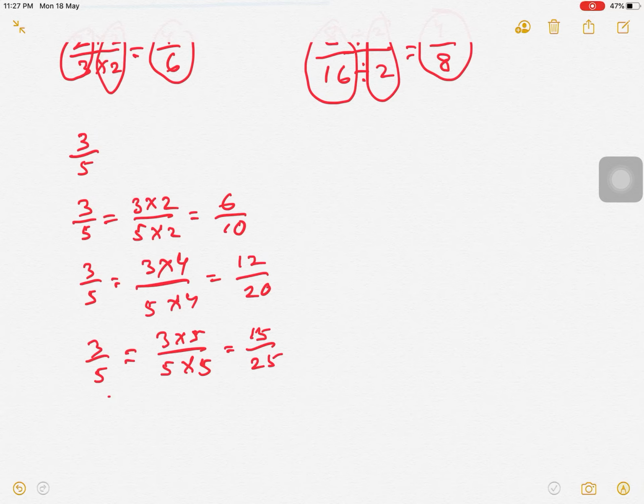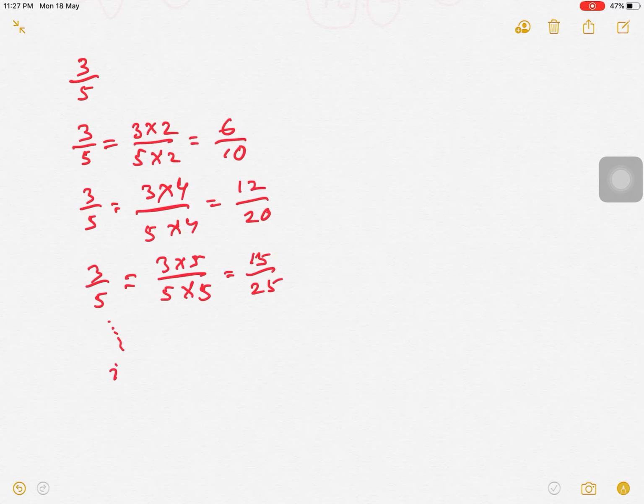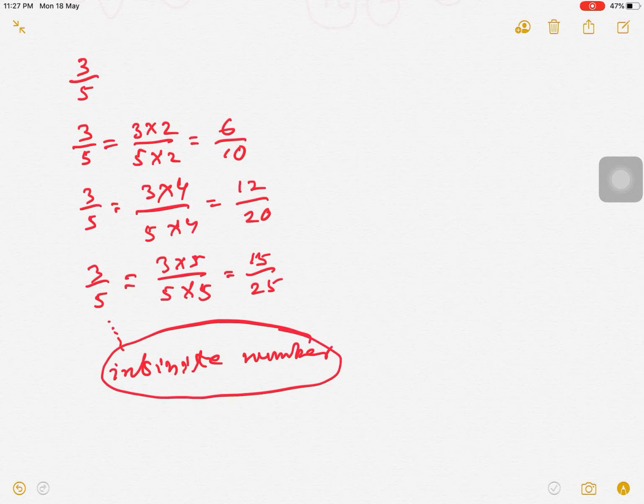So if I go on multiplying, I can get an infinite number of equivalent fractions. So equivalent fractions are infinite in number. If we go on multiplying or dividing, then we go on getting different equivalent fractions.